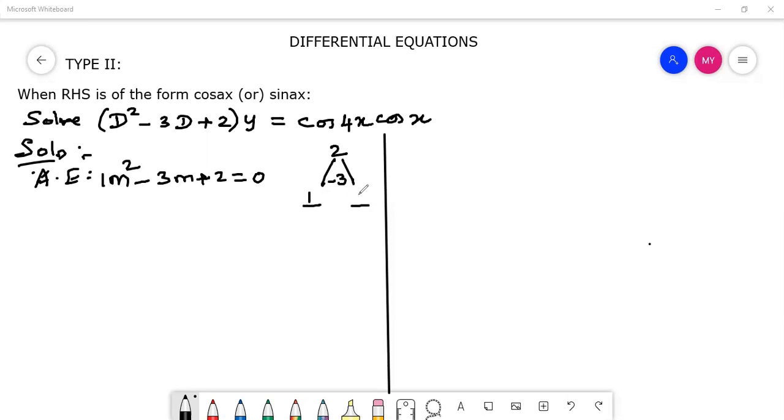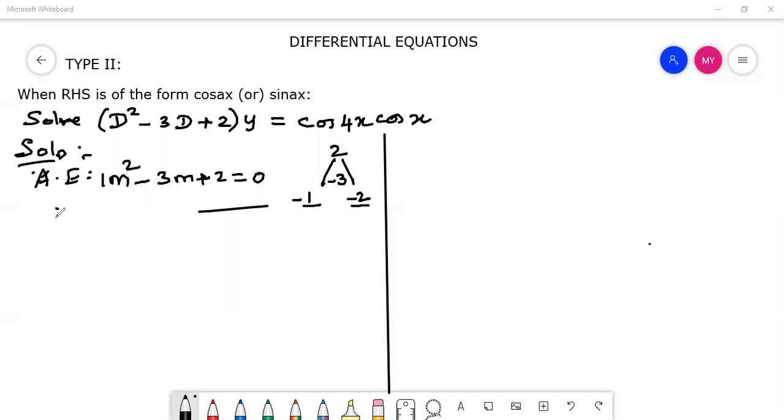I am taking 1 times 2. 1 times 2 is positive 2, but 1 plus 2 is not negative 3. So I have to take negative 1, negative 2. If both are negative, then when I add I get a negative value, and when I multiply I get a positive value. So my roots are negative 1 and negative 2.